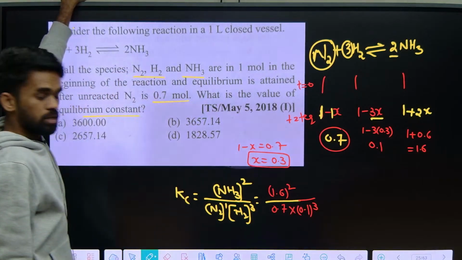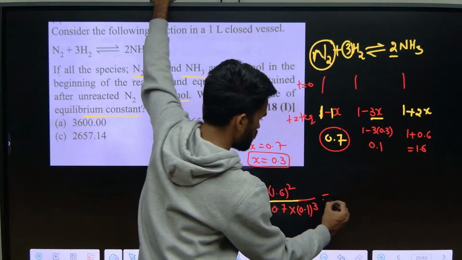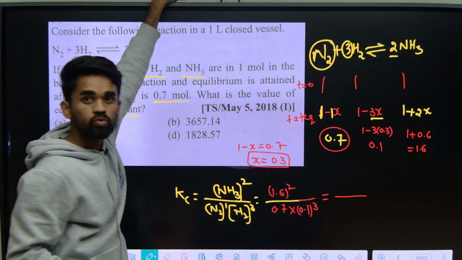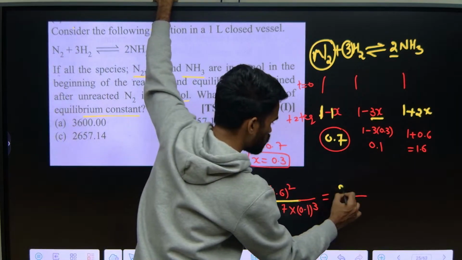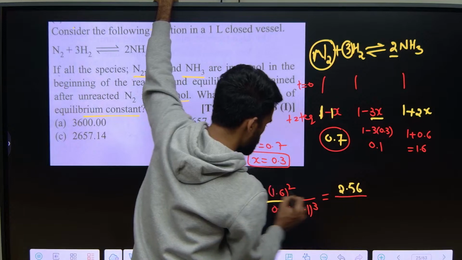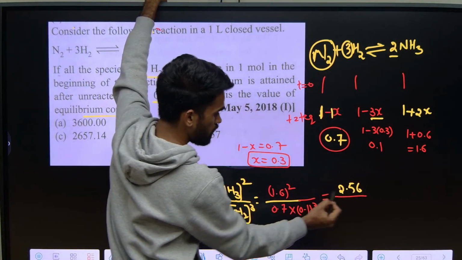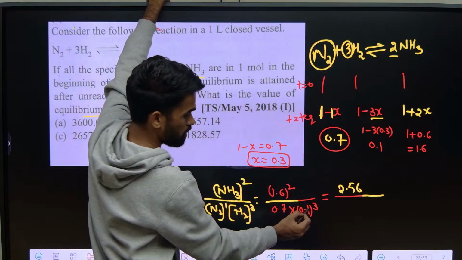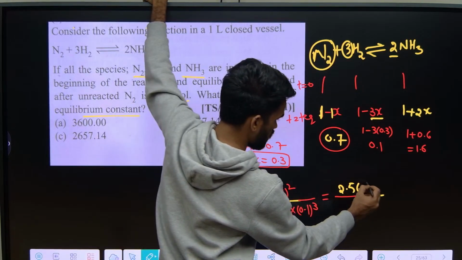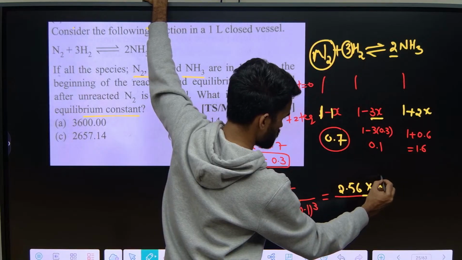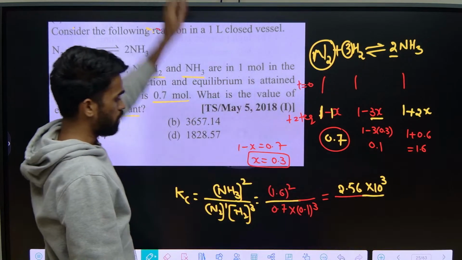Next, 16 squared is 256, so you can write 2.56 as a decimal, and this will be 10 power minus 3, which means you can write it as 10 power plus 3 here, 1000. And what about this?